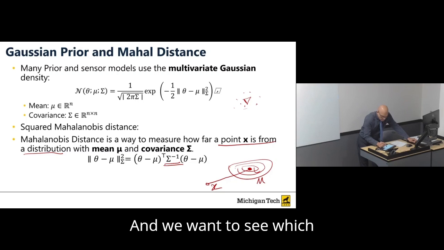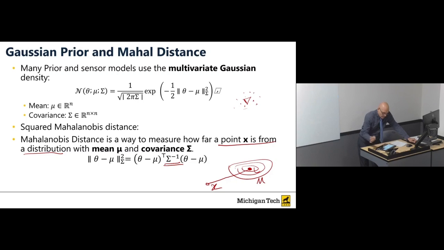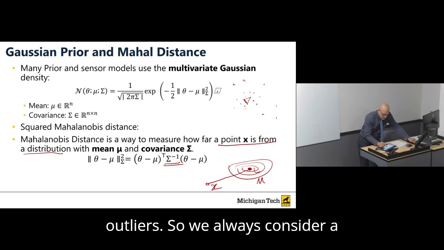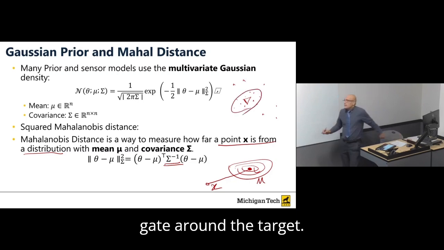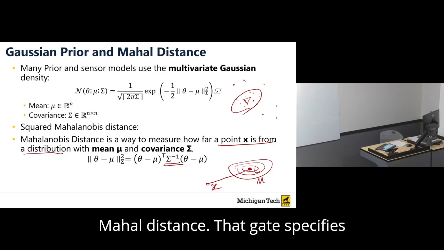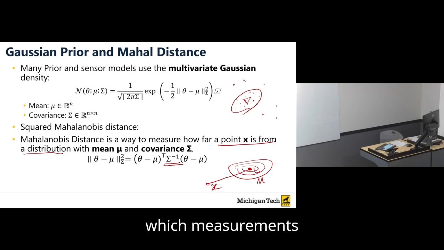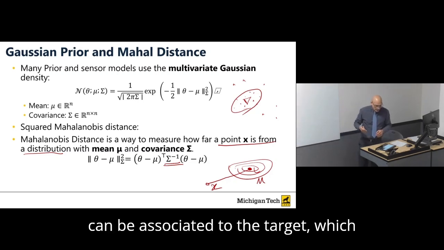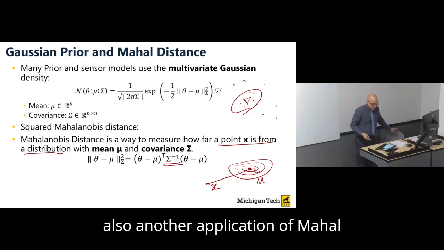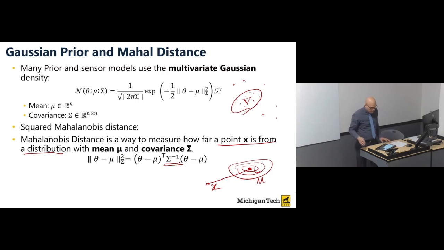We want to see which measurements can be assigned to the target, and which ones are outliers. So we always consider a gate around the target. And that gate also comes from Mahal distance. That gate specifies which measurements can be associated to the target, and which ones are outliers. So that's another application of Mahal distance. Mahal distance has lots of applications in robotics. It's good to know that.